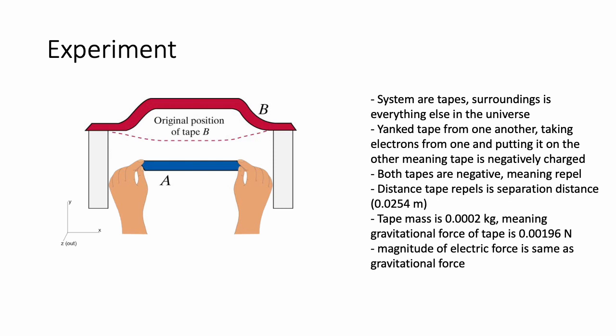And based on the length of the tape we used, we estimated that the tape mass was about 0.0002 kilograms, meaning the gravitational force of the tape was 0.00196 newtons. And because it's floating, that means the electric force magnitude and the gravitational force magnitude had to be equal to each other.